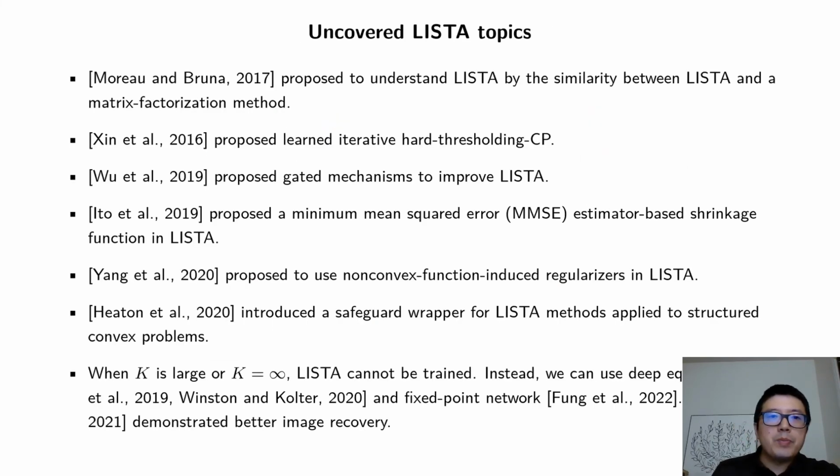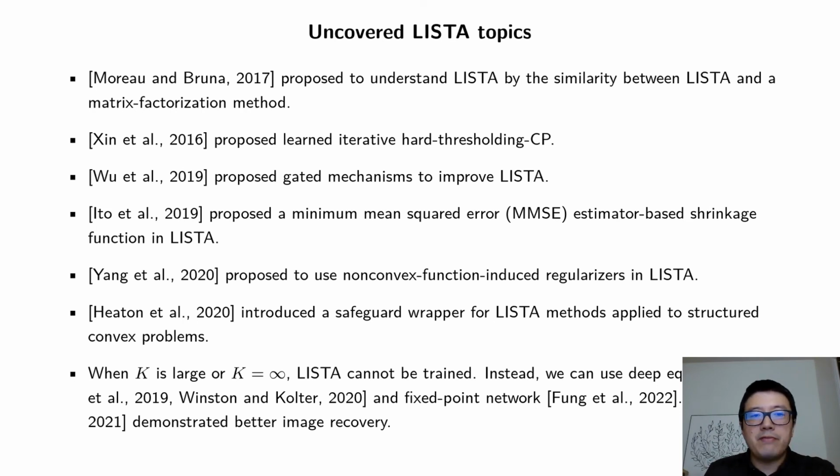So time is up, and I want to briefly mention these uncovered list of topics. This paper, Moreau and Bruna, have proposed to understand LISTA by building a link between LISTA and the matrix factorization method. It's very interesting. And this paper proposed learned iterative hard thresholding coupled iteration, which also motivated one of our papers.